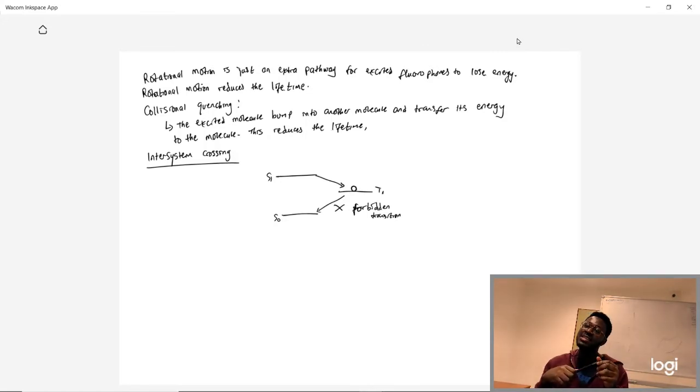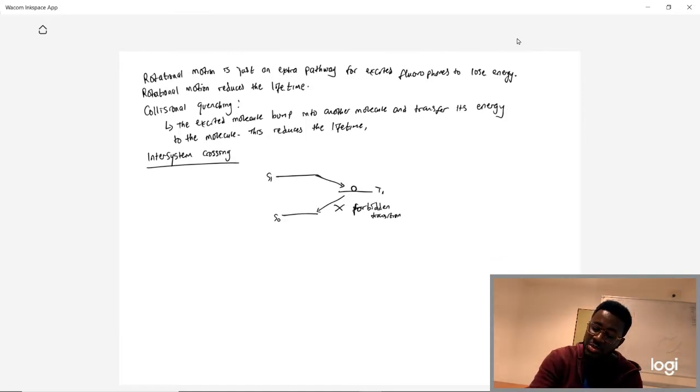So coming back is going to be very slow, so they are going to remain excited for a long time. So what happens to the lifetime? The lifetime increases. You understand, right?